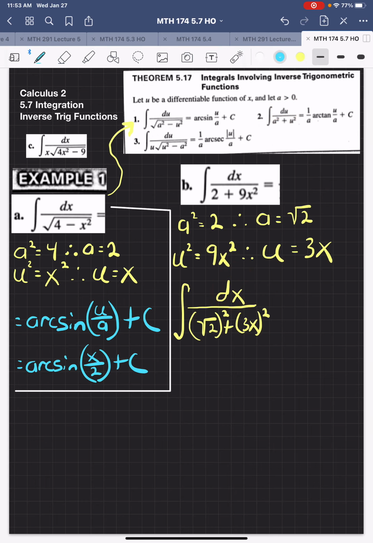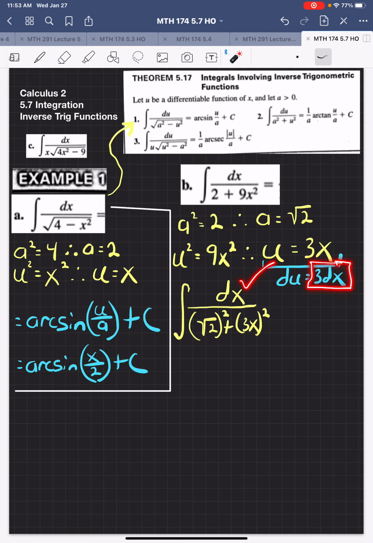So if u is defined to be 3x, then du, the derivative of u with respect to x, would be 3 dx. I want this to become du, and I can do that, but I need to have 3 dx.